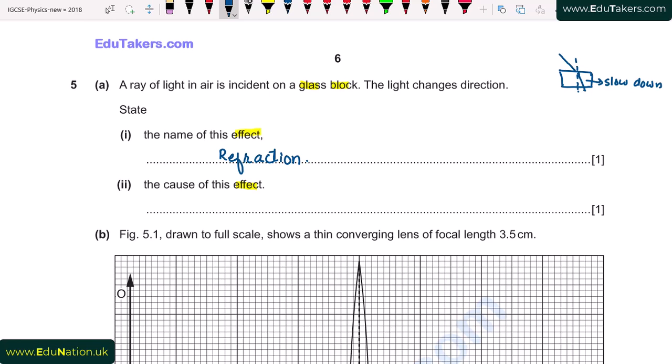So I write here, light changes speed and direction. Because first of all light is in air and then it enters the glass, and these two mediums are different, so there will be the change in speed and direction of this light wave.